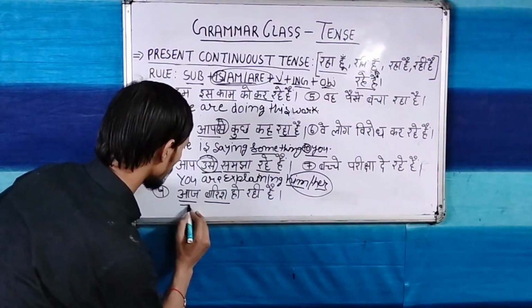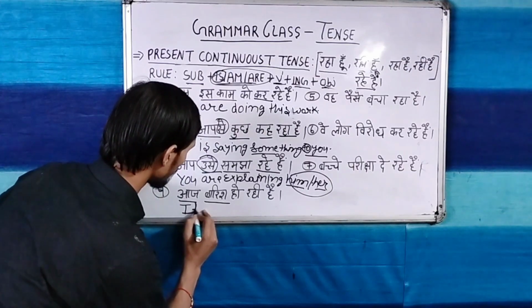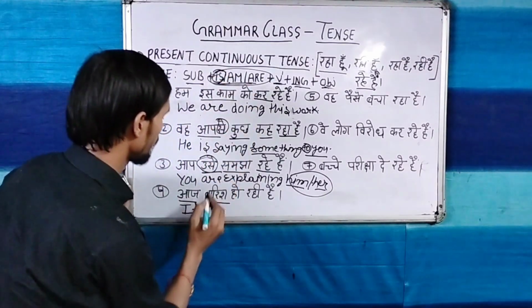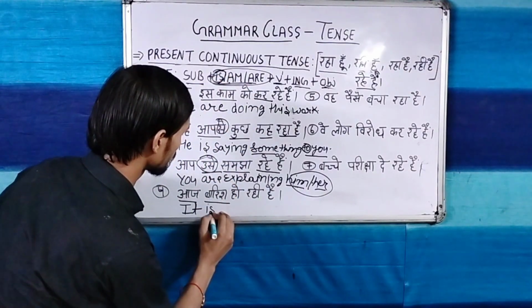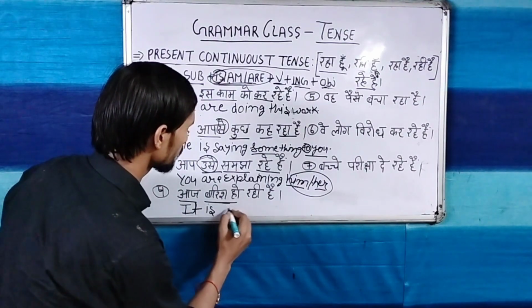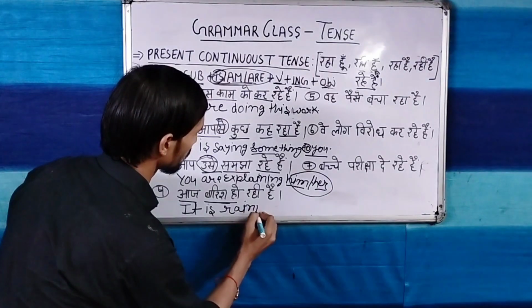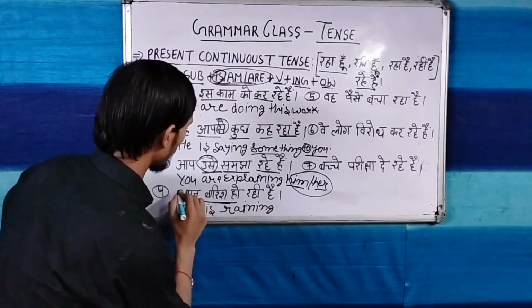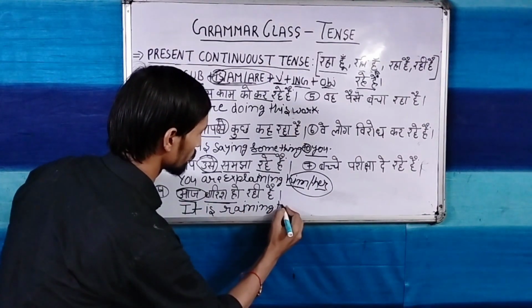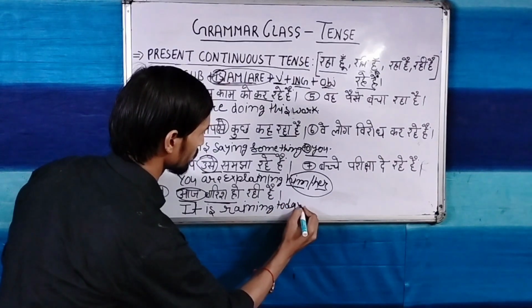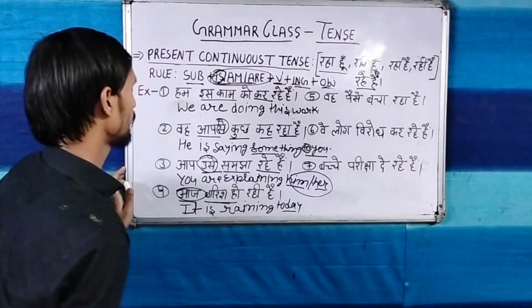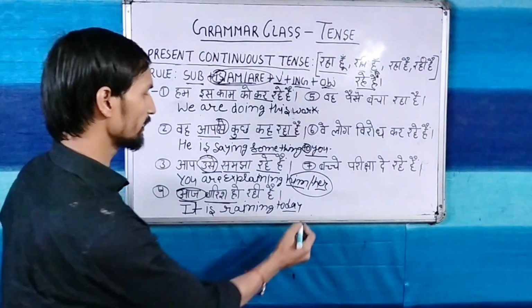So here we will use it, and with it helping verb is, it is. Now बारिश होना, this is the verb, so we will use it is raining, and today, this is our object which is coming for the time. It is raining today. Now this sentence is complete.